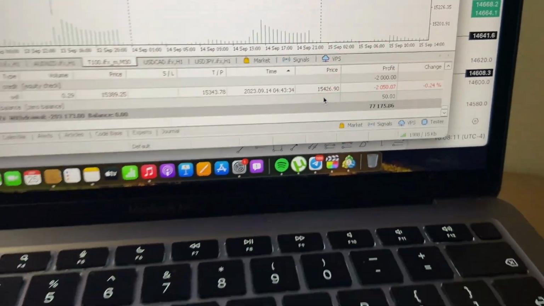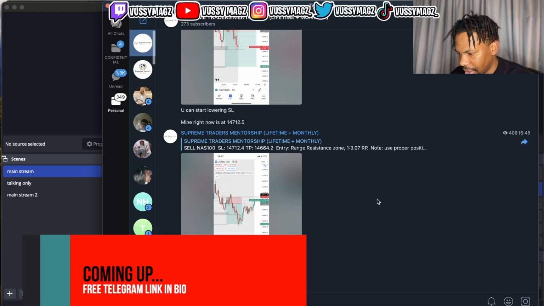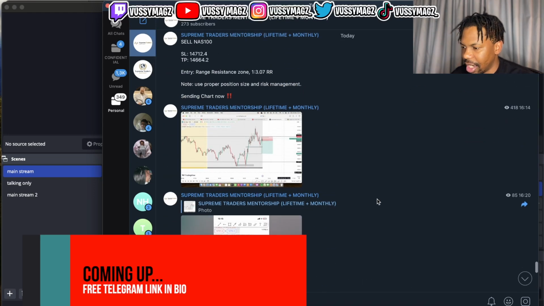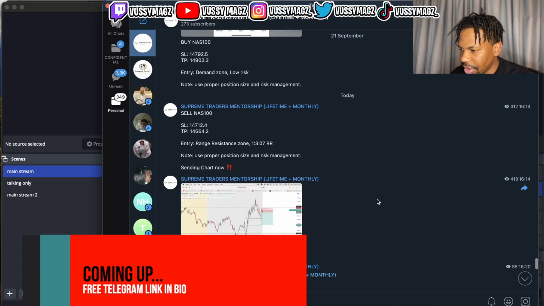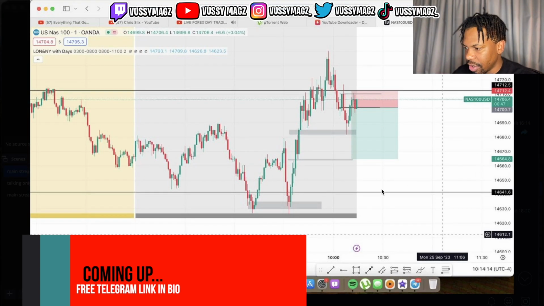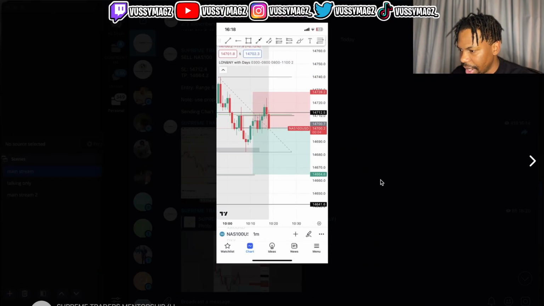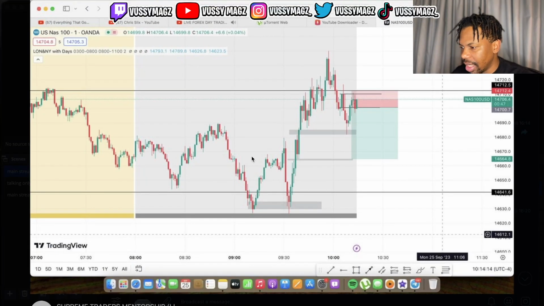All right, let's get it. Today we're talking about the NASDAQ and how to make money from it. This is the trade that I sent today, a NAS 100 sell on the M1 time frame. This was the signal, and then the price did a manipulation thing where it went over our SL.